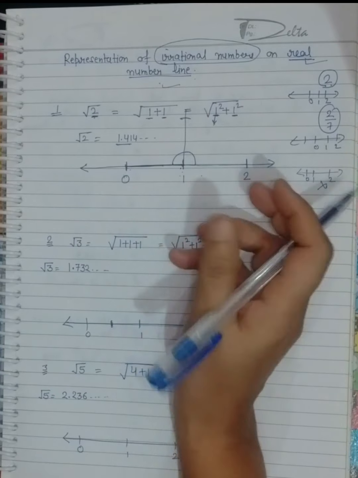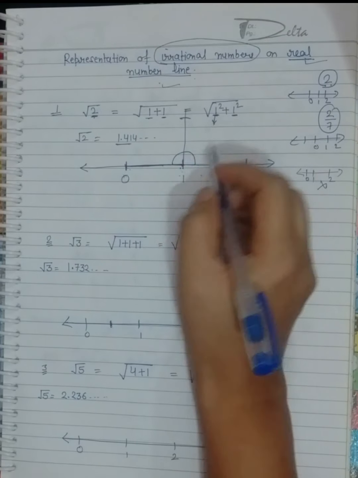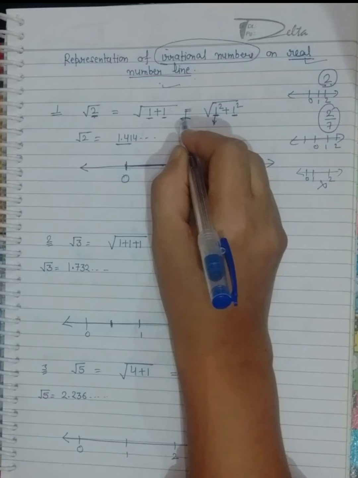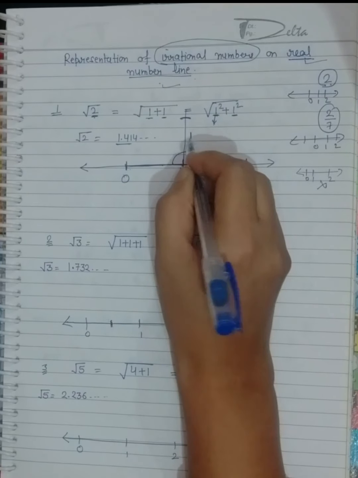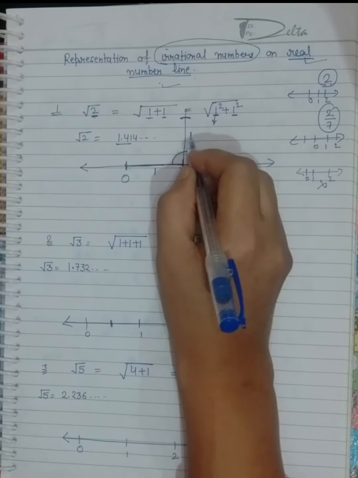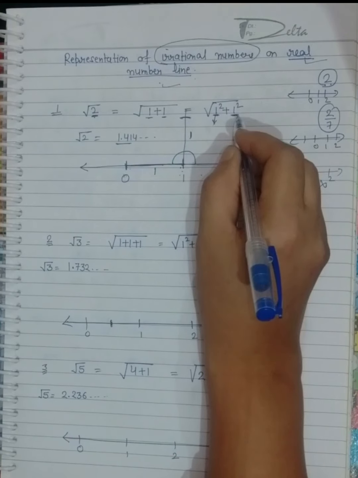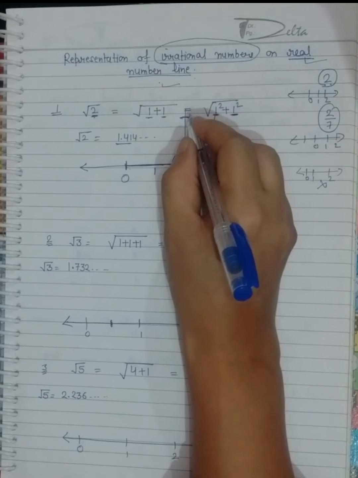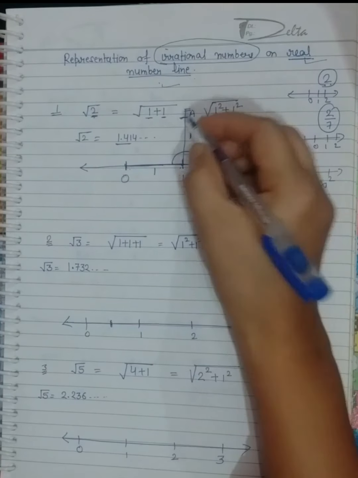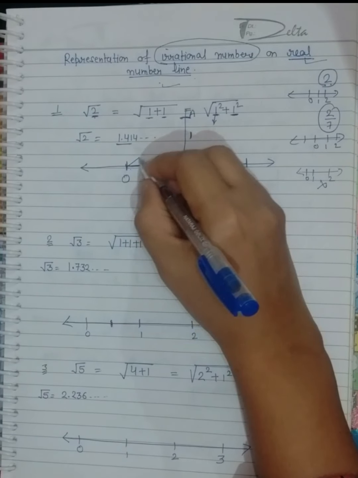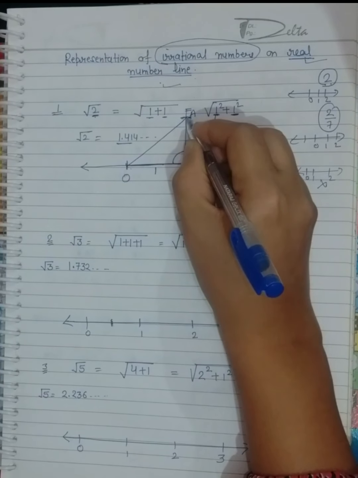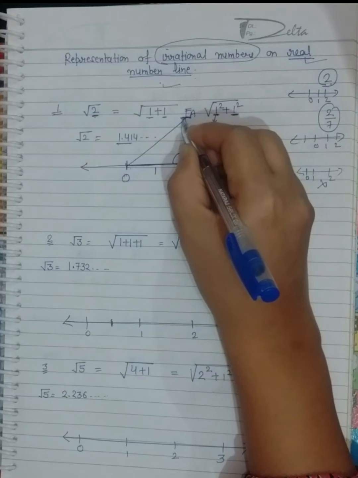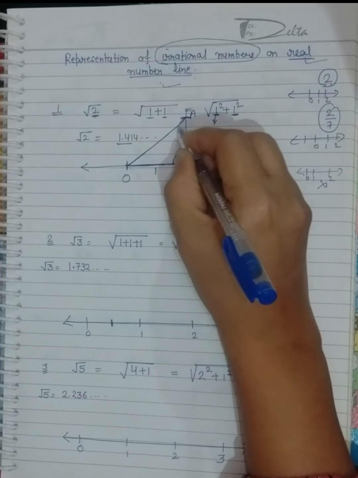This time I don't have one, but you will use a compass here, and you will take again 1 unit. Here 1, again 1. This one is also completed. Now let this point be A. We will join point A to 0 here. Clear? We will join this.